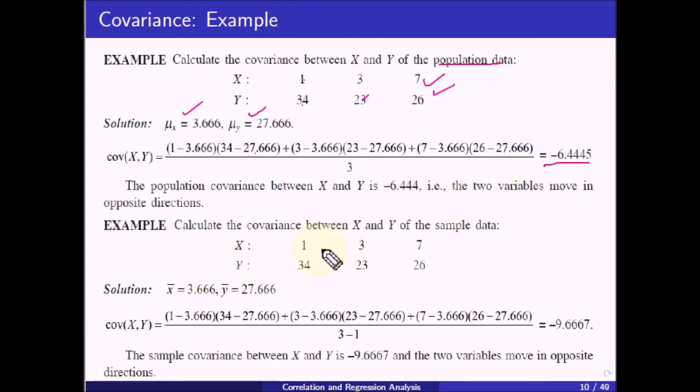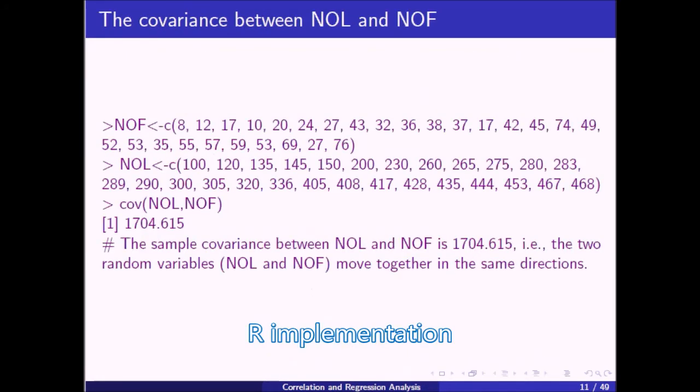Now this is another example where we assume that these two are sample data. Both the means are the same, but here you just change the n value. Here it is n minus 1 and the value is minus 9.6667. Now the sample covariance between x and y is minus 9.6667 and the two variables move in opposite directions. Now here is the covariance between number of lines and number of faults.